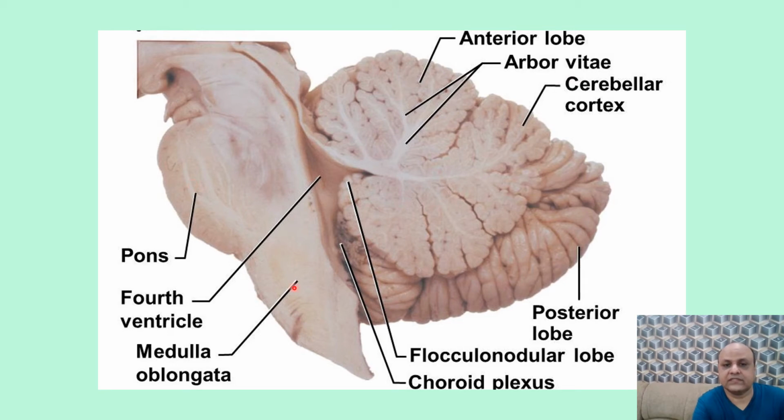This is the pons, this is the medulla, cavity of the fourth ventricle. So we can make out the vermis and we can also make out part of the posterior lobe here of cerebellum. This is the anterior lobe, this is the posterior lobe, and this is the flocculonodular lobe.